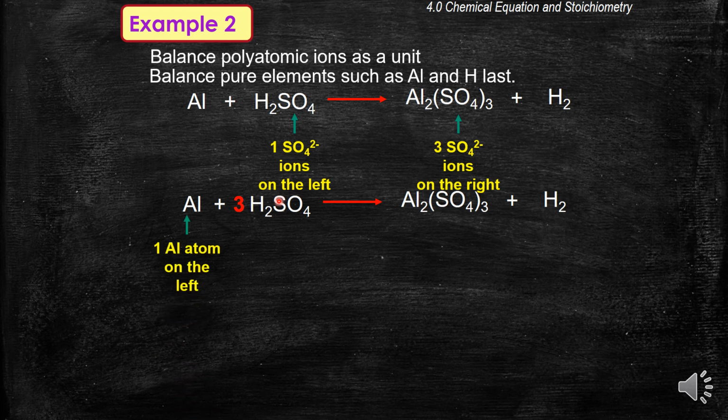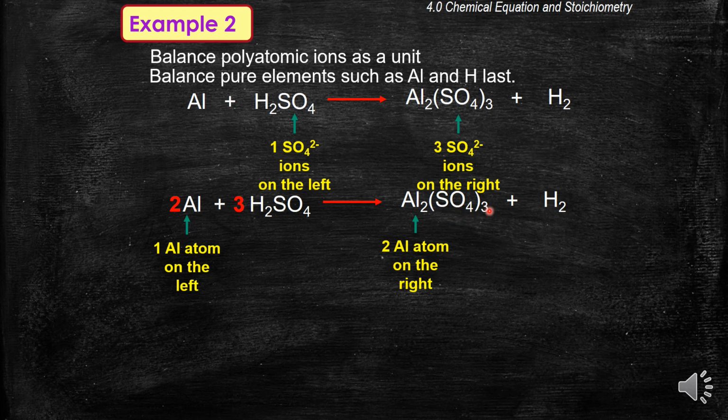Then, next, we balance the pure elements aluminium and hydrogen. To balance aluminium, Al atoms, we place 2 in front of Al because we have 2 Al on the right hand side.